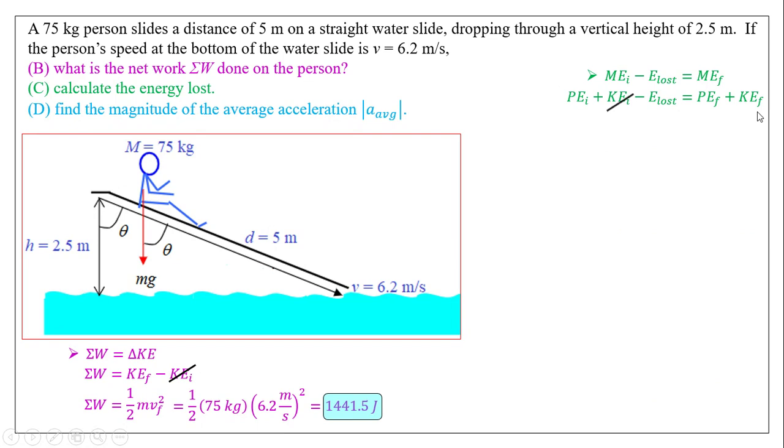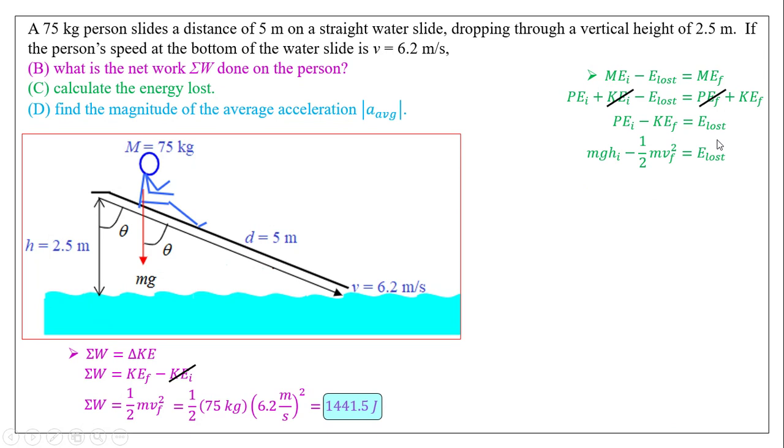Here I'm going to cross out a couple of things. KE_I is 0 because the person starts at rest, and PE_F is 0 because I treat the bottom of the slope as the lowest point, which means there's no height. From here, I can solve for E_loss by moving it to the right side, because that's what I'm trying to find in part C. And I want to move KE_F to the left side. So here I have PE_I minus KE_F, which is equal to E_loss.